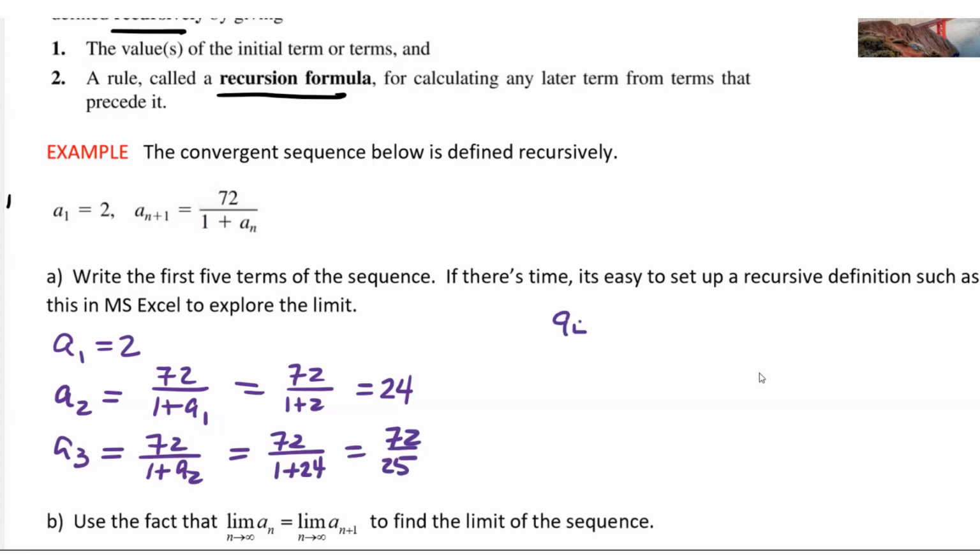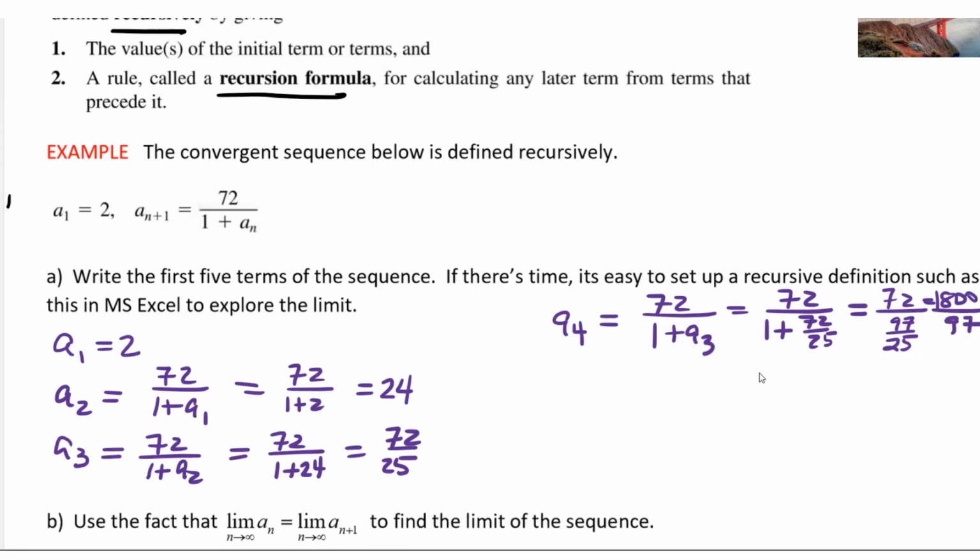And then a sub 4 is going to be 72 over 1 plus a sub 3, so 72 over 1 plus 72 25ths, which is 72 over 97 25ths, which is 1800 over 97, check my arithmetic, which I don't think reduces.